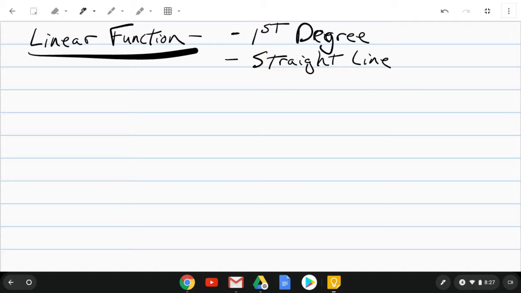What else is it? Linear function. Straight line. First degree. Good. Constant rate of change. Good.